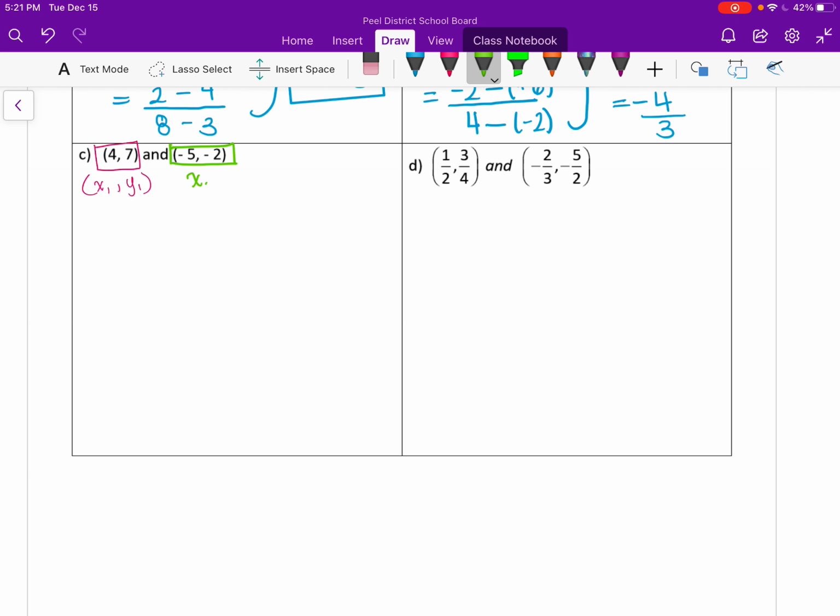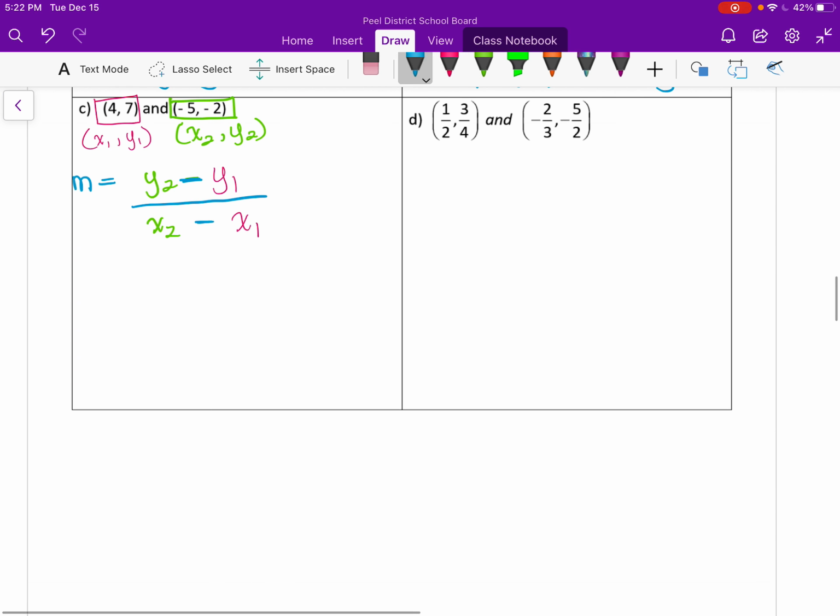And slope is equal to y2 minus y1 divided by, so I'm just going to put the minus in, x2 minus x1. So I'm basically taking this green point and minusing it from the red point.